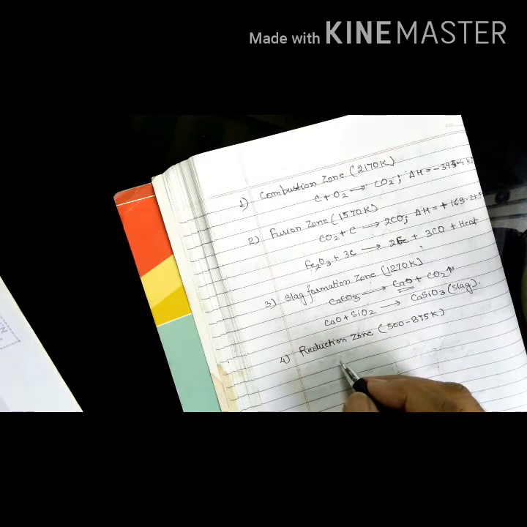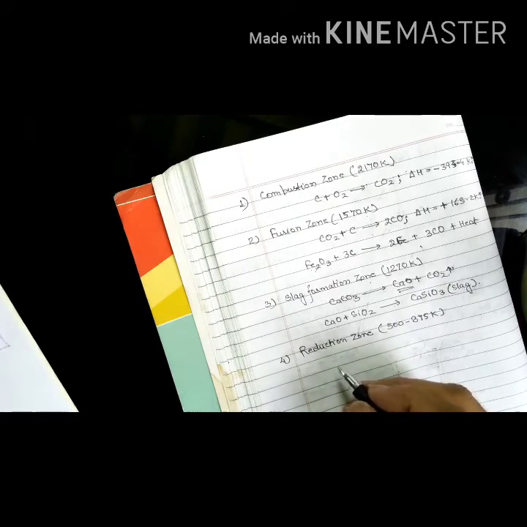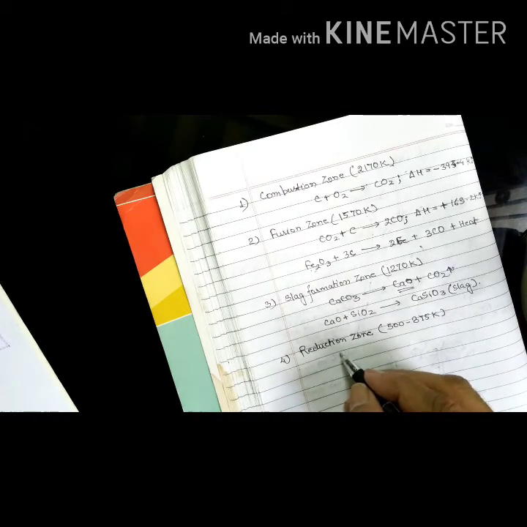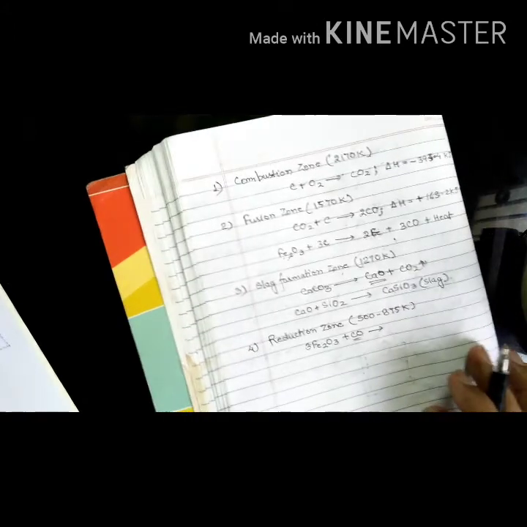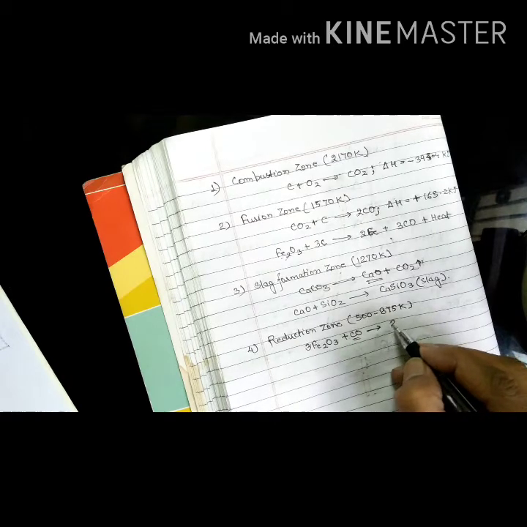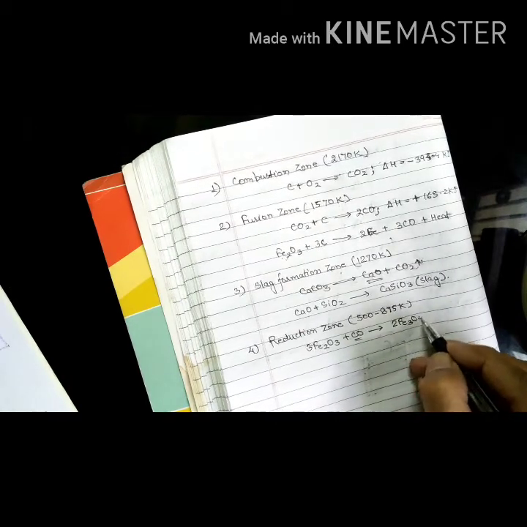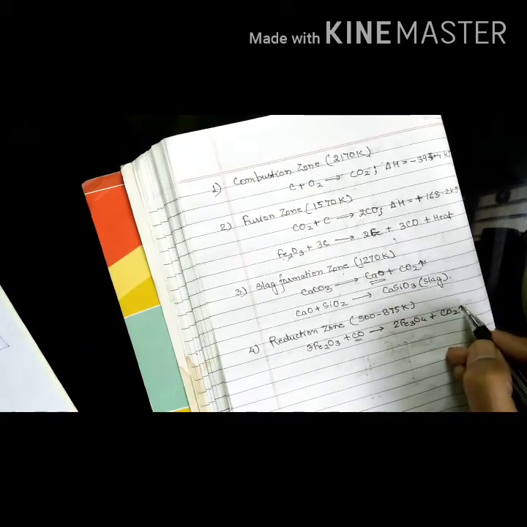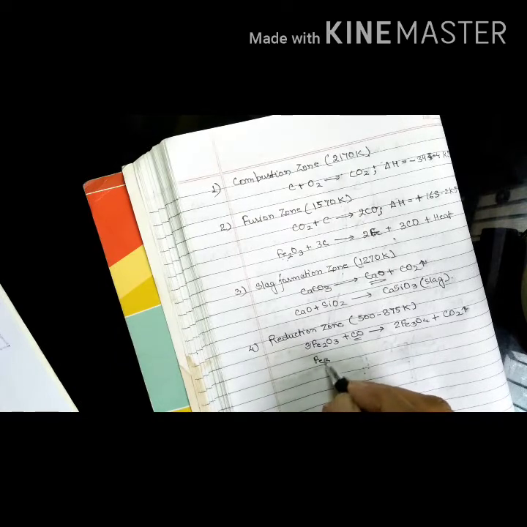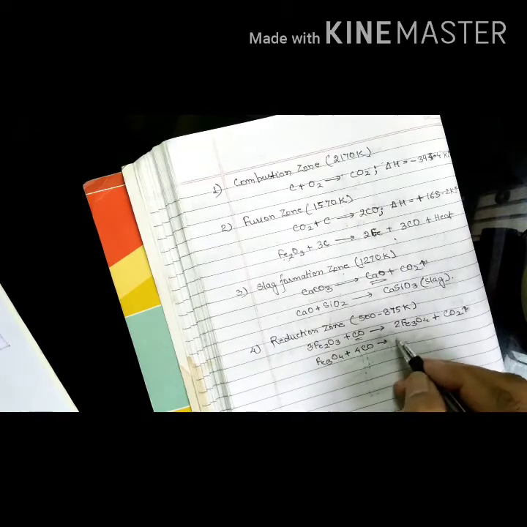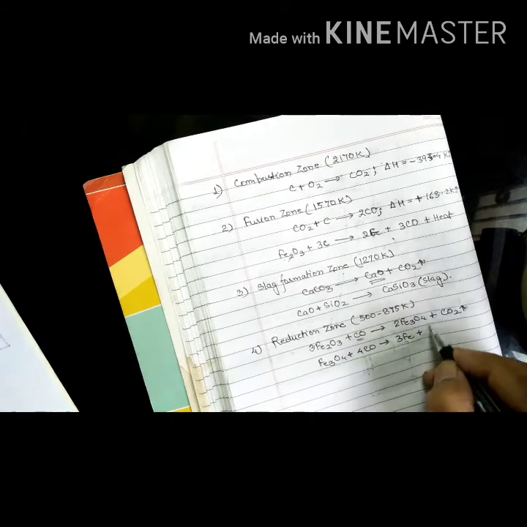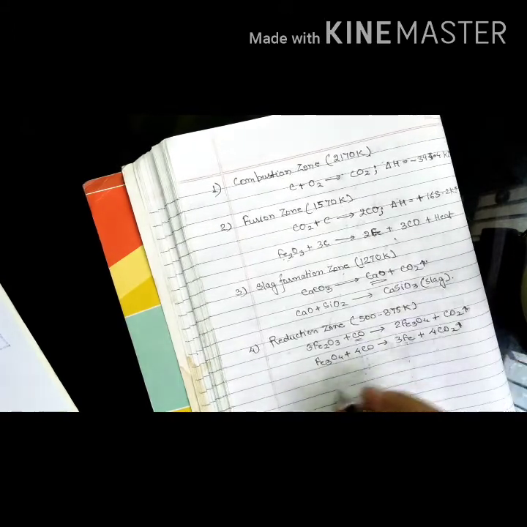Here iron oxide is reduced to form CO and iron: 3 Fe2O3 plus CO gives 2 Fe3O4 plus CO2, and Fe3O4 again is reduced to give Fe and 4 CO2.